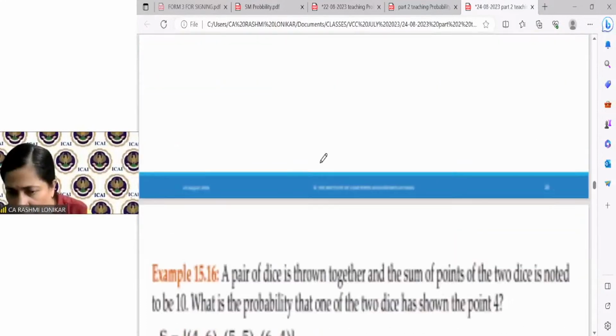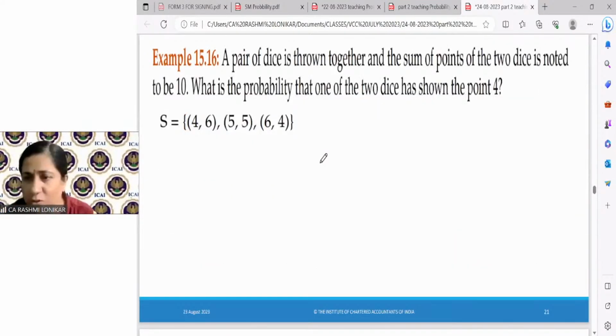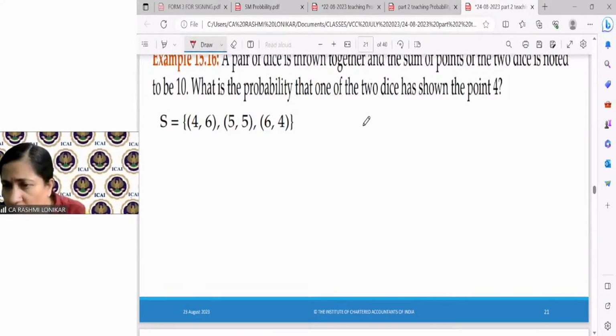Okay. Next sum: a pair of dice is thrown together and the sum is noted to be equal to 10. What is the probability that one of the dice shows a 4?